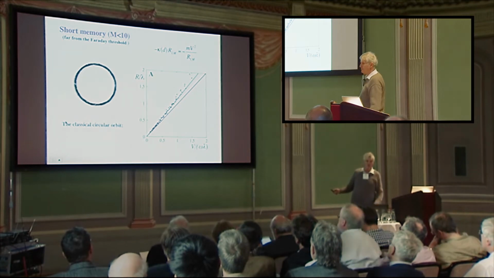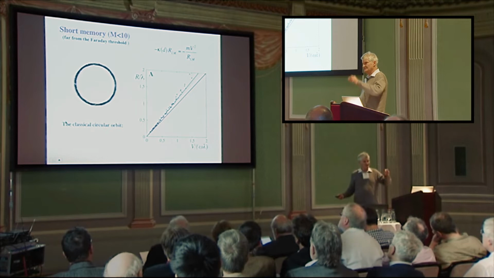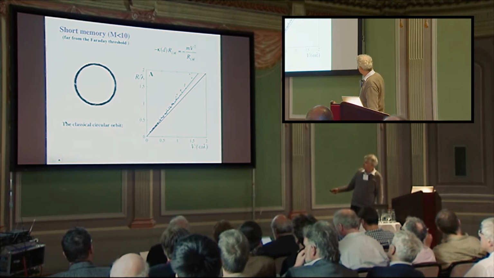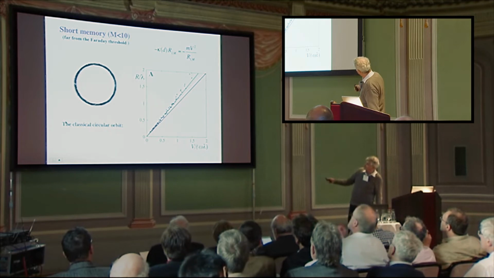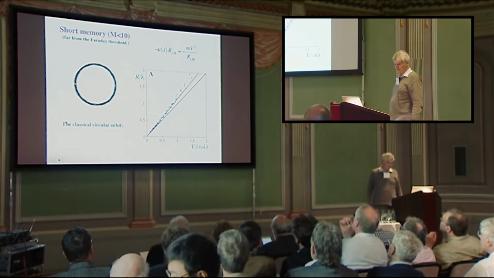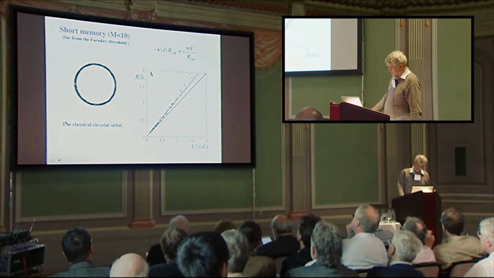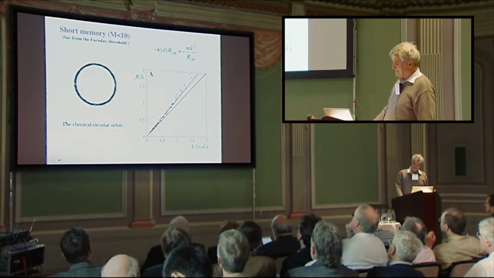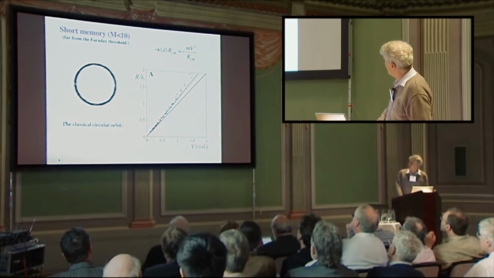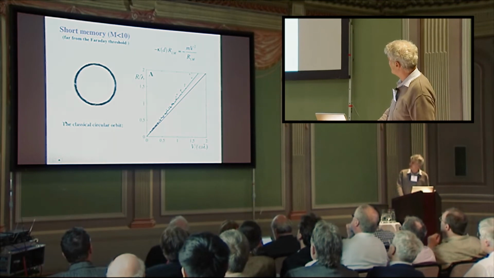With short memory, all the orbits are circular because the velocity of the drop has to be constant, and its radius is given by the classical law saying that the centrifugal force is equal to the centripetal force. And there is a slight corrective factor due to the wave, but it's a continuous one.